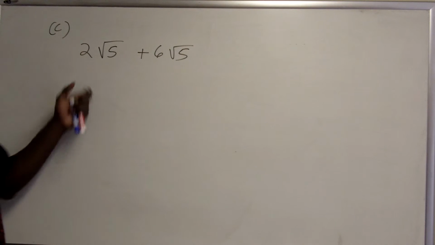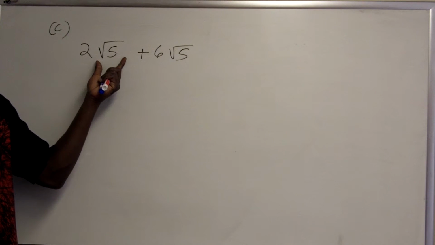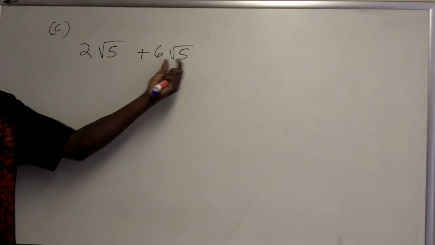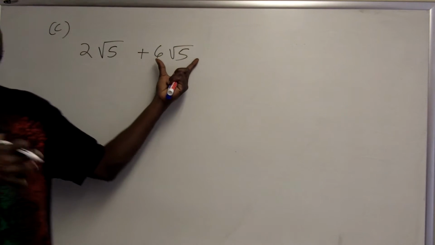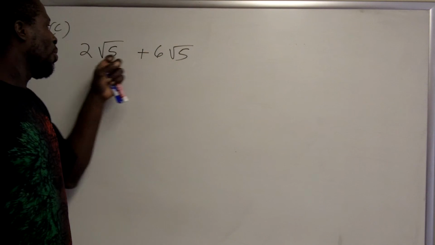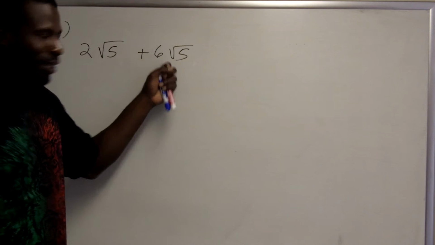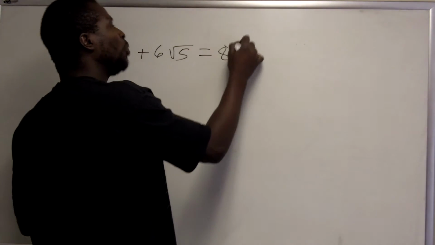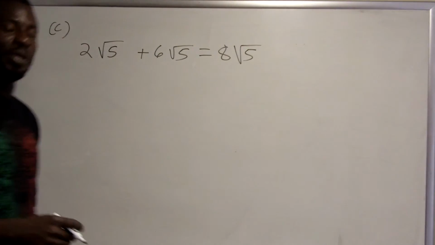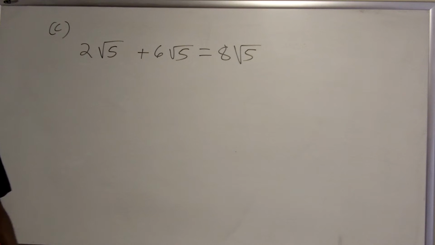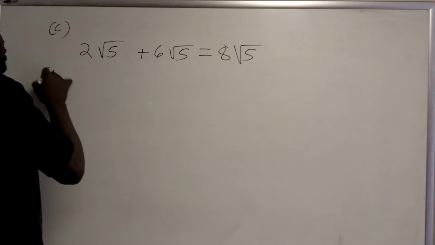Okay, you see I have 2 of those things here, and over here I have 6 of those exact same things. You don't even have to know what the things are necessarily. You know there are 2 here and 6 here, so that makes a total of 8 of those things. We're just counting the number of things that we see. All right, let's try this one.